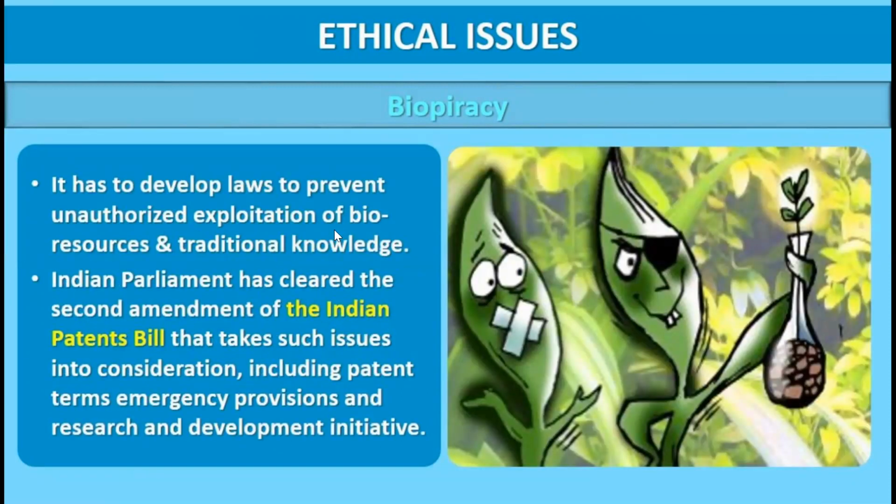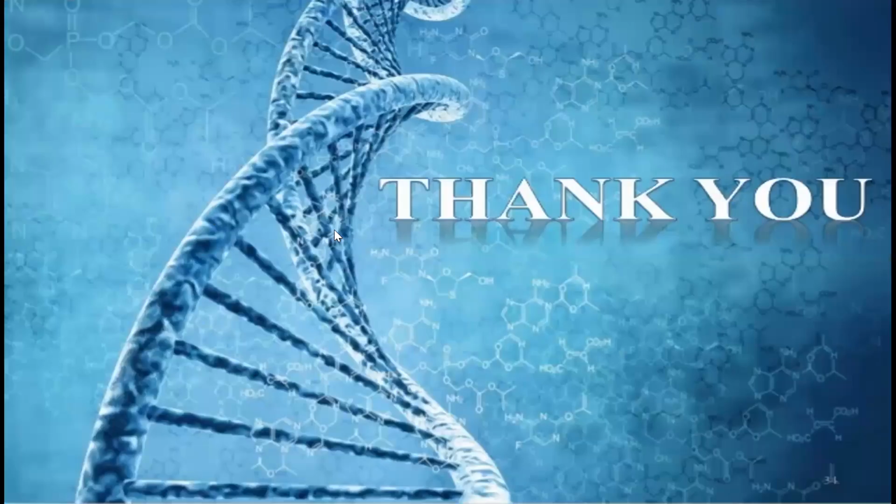It has to develop law to prevent unauthorized exploitation of bioresources and traditional knowledge. The Indian Parliament has cleared the second amendment of the Indian Patent Bill that takes such issues into consideration, including patent terms, emergency provisions, and research and development initiative.